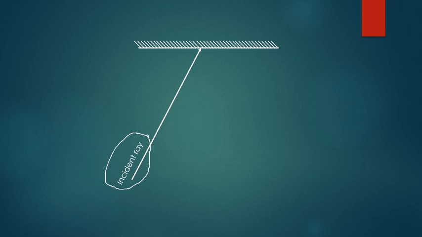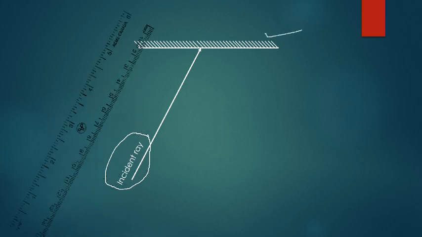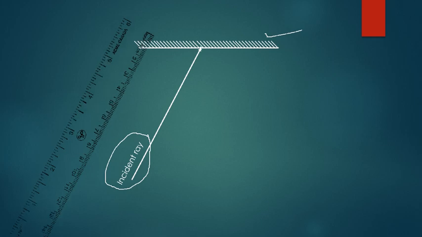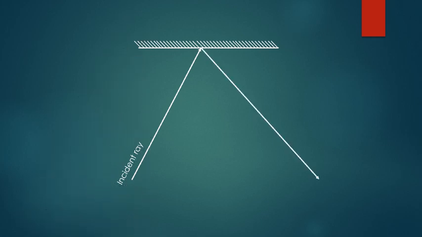When the light falls on the surface of the mirror, let us say somewhere here, it reflects. So we can take a scale and draw the reflected ray.